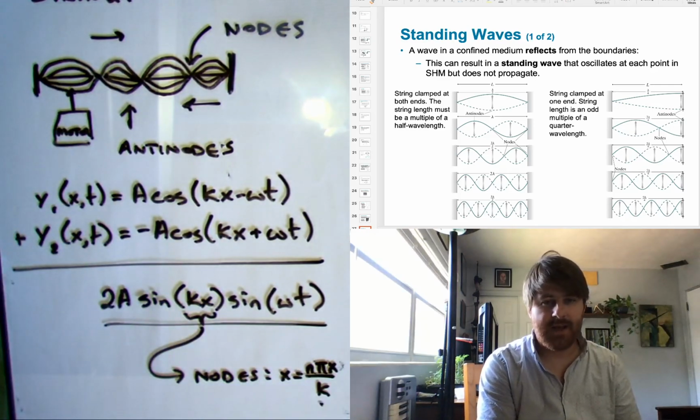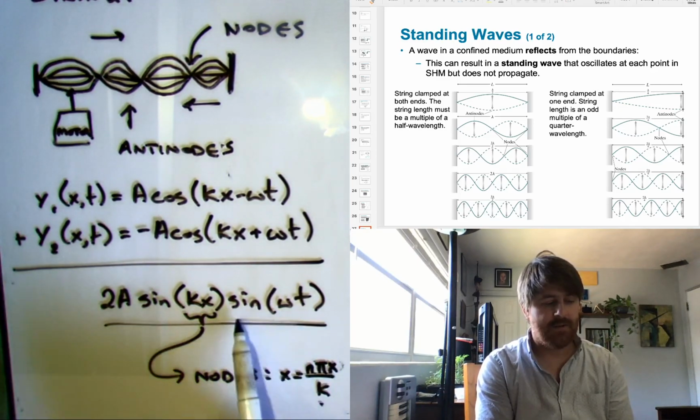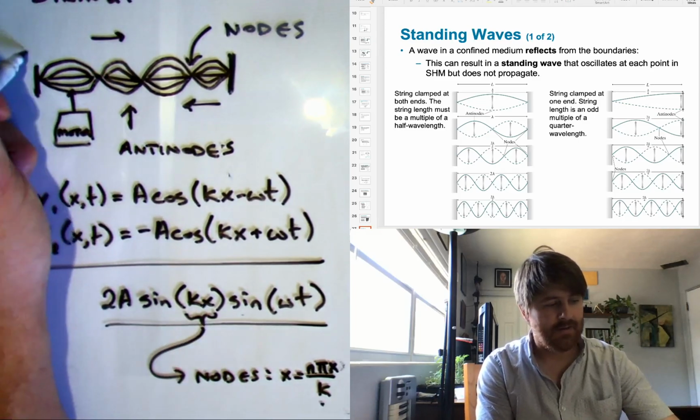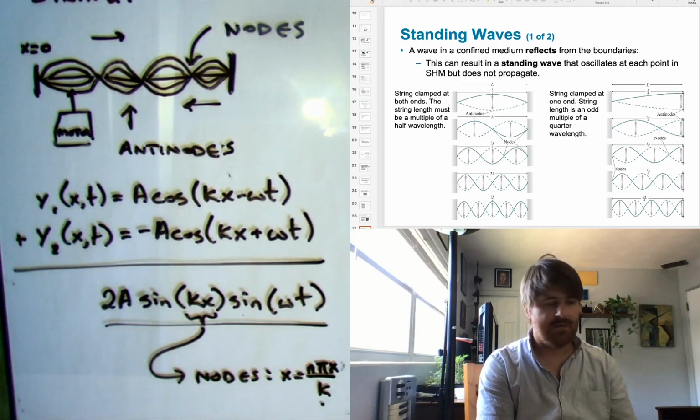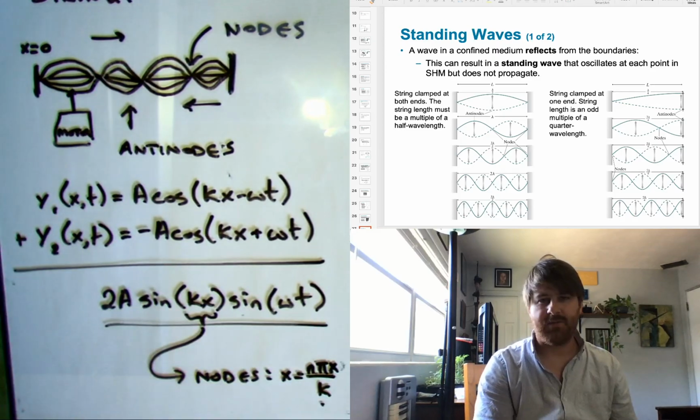N pi x over k will give me 0 here. And we can see this is our simple harmonic motion at a point. But this is where I am along the string. And this will be x equals 0 over here. So that means that the amplitude will be 0 at any time t at these points, which we call nodes.